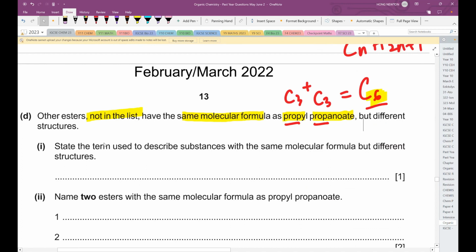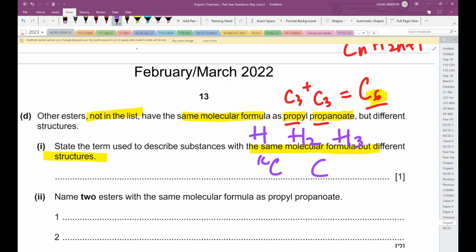So now, state the term used to describe substances that have the same molecular formula but a different structure. Same molecular formula but different structure. Isomer, yes. For example, you have hydrogen, H2 and H3, correct? This is a so-called isotope. For example, you have carbon 14 and carbon 16.